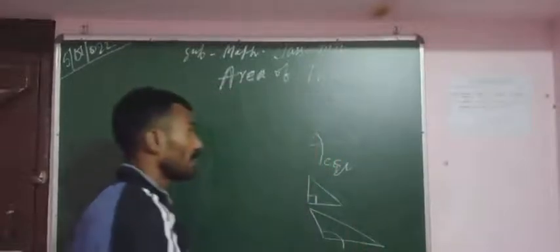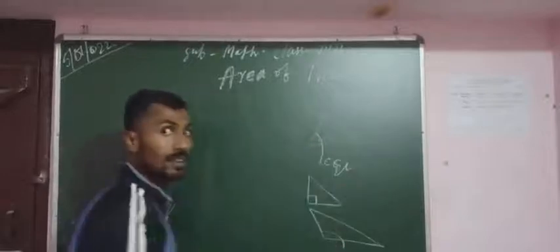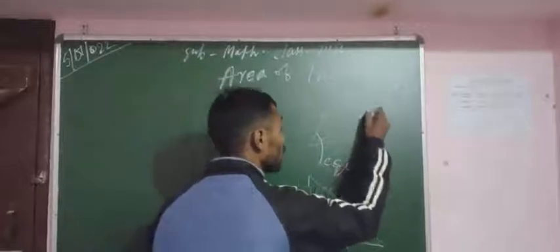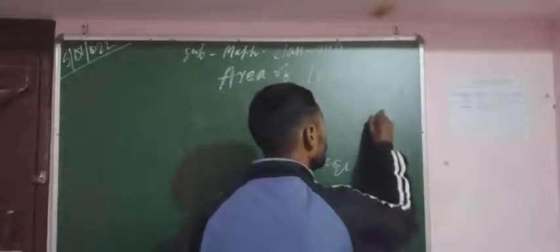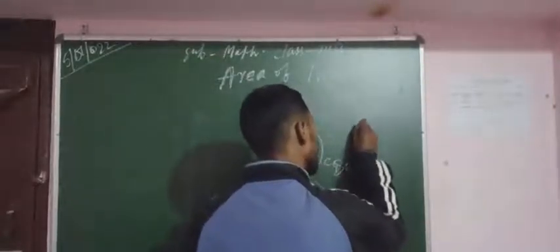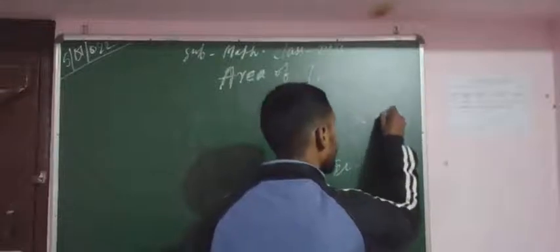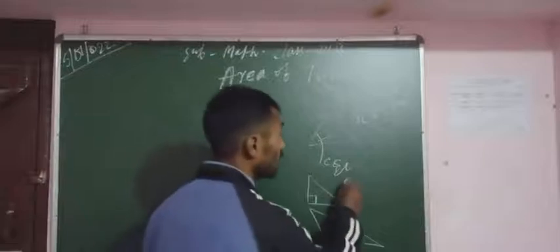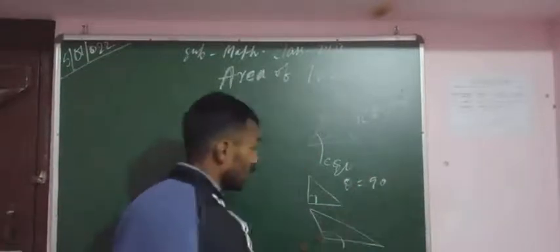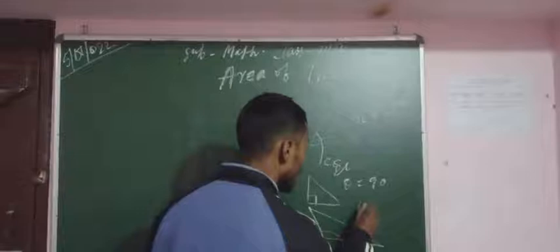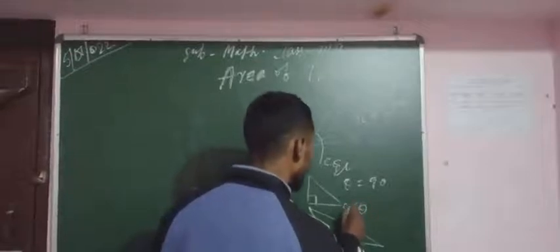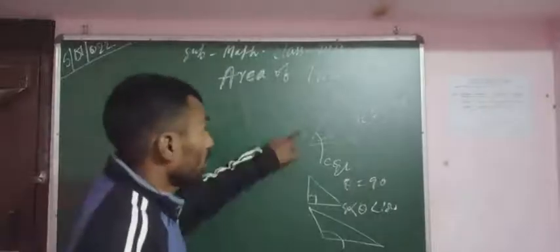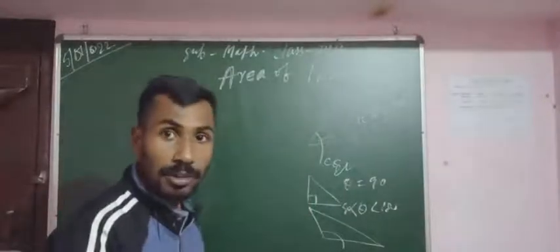In an acute triangle every angle is greater than 0 and less than 90 degrees. In a right angle triangle, theta equals 90 degrees. For an obtuse angle triangle, theta is greater than 90 and less than 180 degrees.